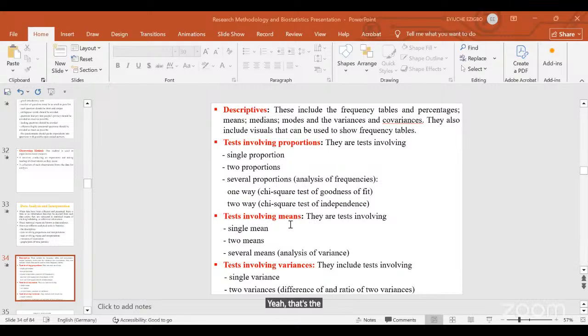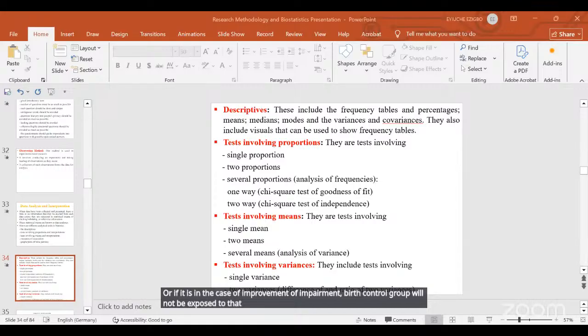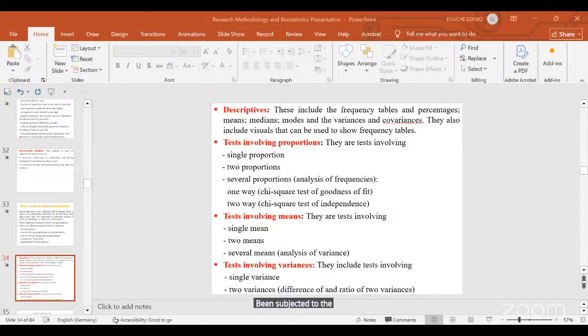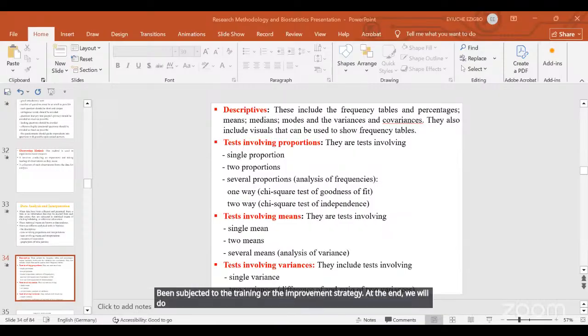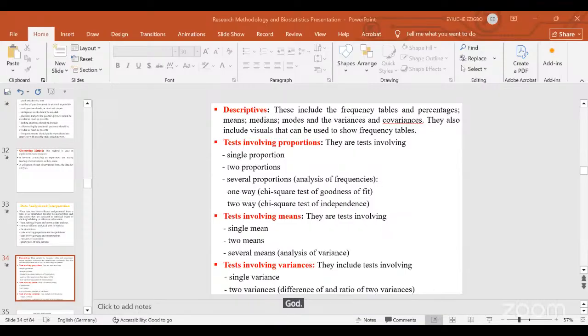So when we have it, that control group will not be exposed to that training. Or if it is in the case of improvement of impairment, that control group will not be exposed to that improvement strategy. I hope it's understood. But for those that have been subjected to the training or the improvement strategy, at the end, we will do what? Gather all of them again and give them the same test again.